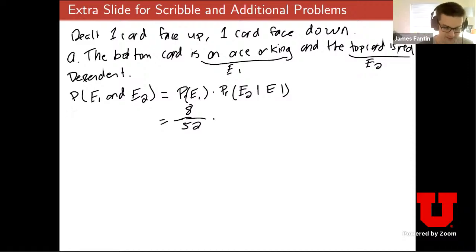The formula we're looking for is that the conditional probability of two events is just the number of events in the intersection divided by the number of events in E1. Now this is a little bit misleading, and some people get confused by it.